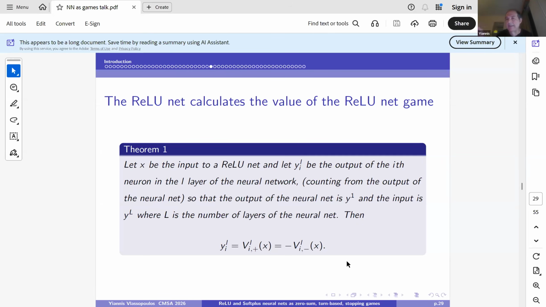And if you look at the min state, it's minus the output of that particular neuron. So every output of every neuron is interpreted in this way as the value of that particular game at some state. We're going to see in a little bit why this is useful, but that's how we interpret it.